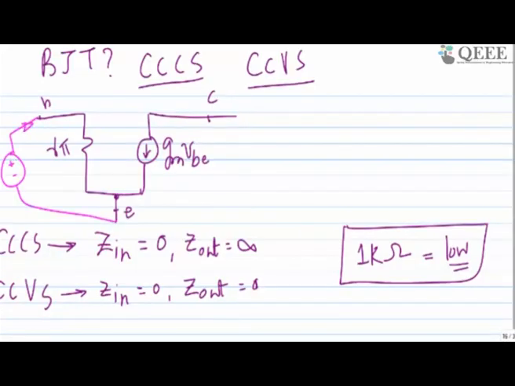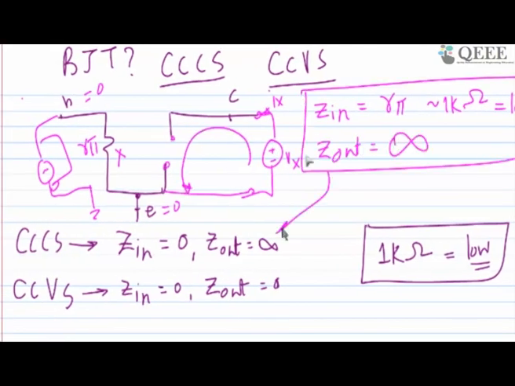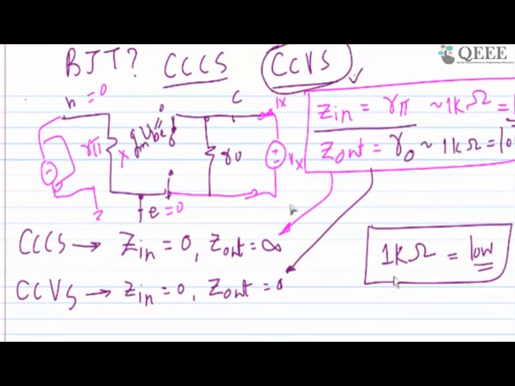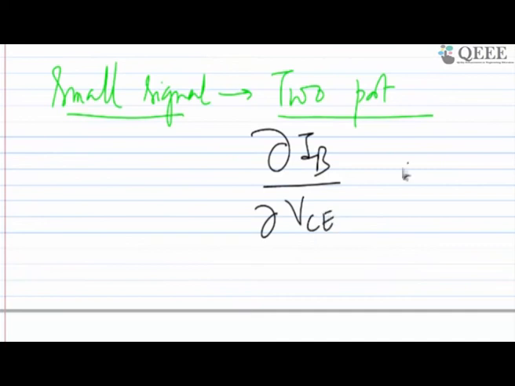By small signal gain, DC source is equal to AC ground. In small signal gain, if you remember correctly, we made a two-port network. We found del IB by del VC, or del IB by del VB. You can replace this with delta.